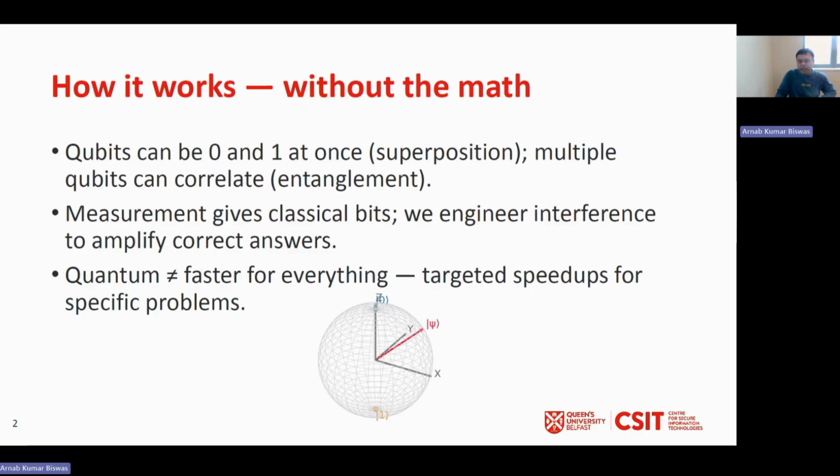This ket psi, the red line, is pointing to only one point on the surface. It is the representation of one quantum state, and it can be represented by two angles, theta and phi, in this particular representation. We have a specific equation or formula for that, which will uniquely describe the quantum state at this particular point on the Bloch sphere.